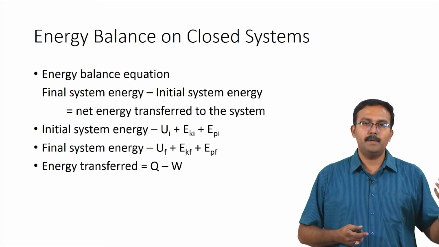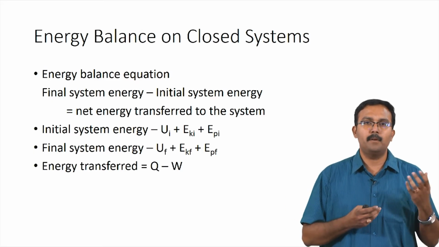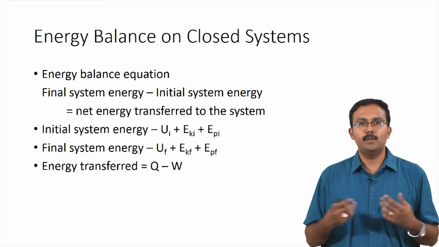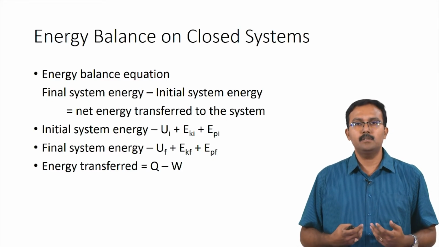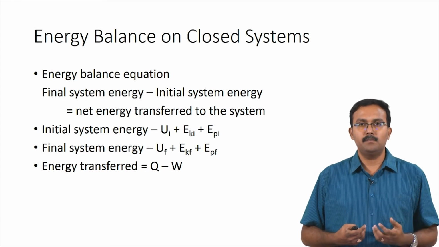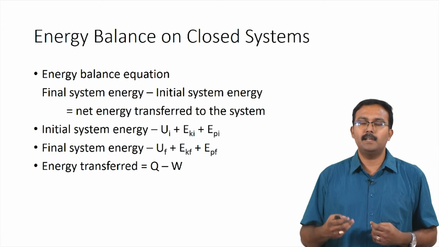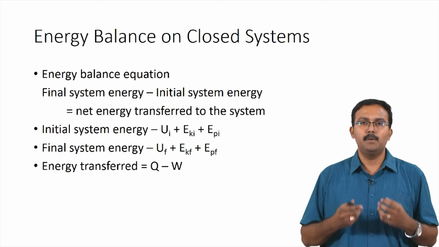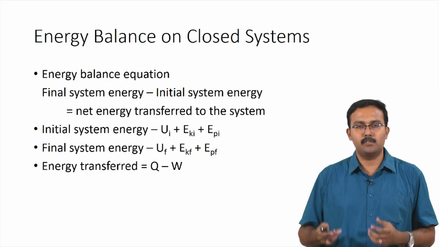Energy can be transferred between the system and the surroundings in the form of heat and work. So, do you remember the convention we agreed to use? Yes, heat would be positive when it is supplied to the system, and work will be positive when it is done by the system. So, we will use this convention for the rest of the course.